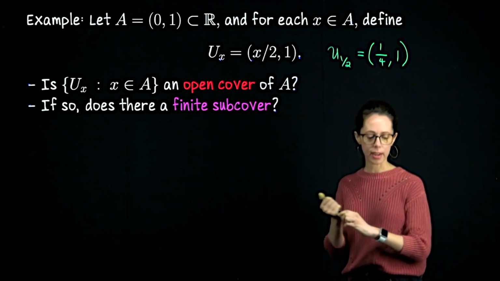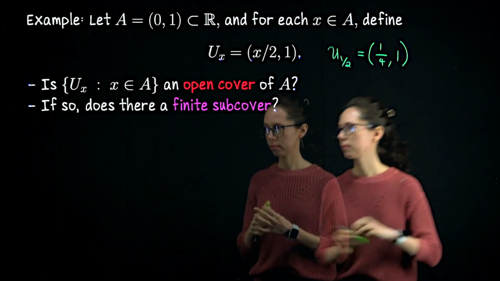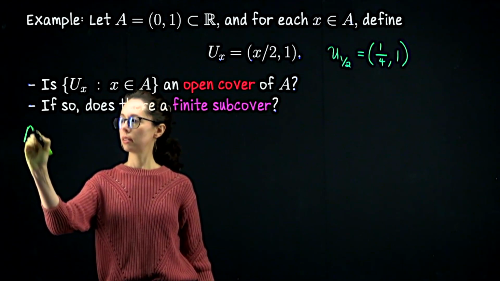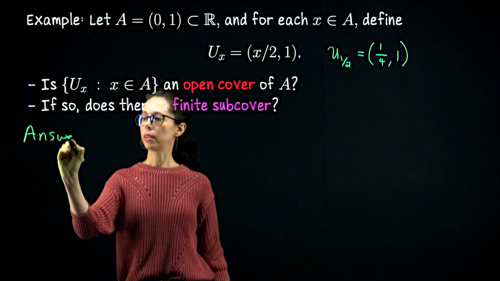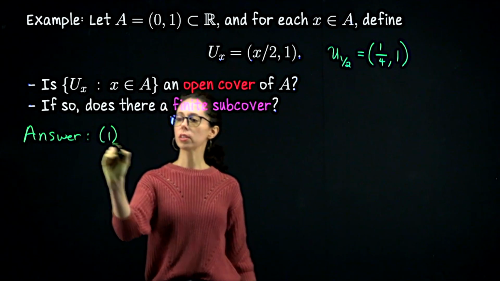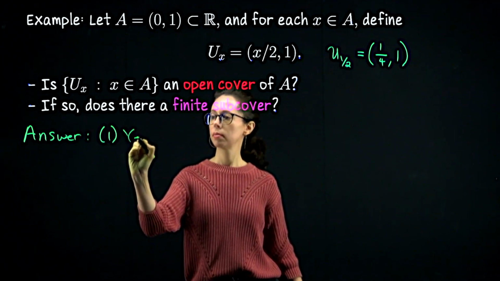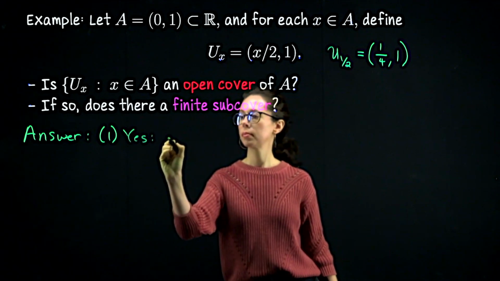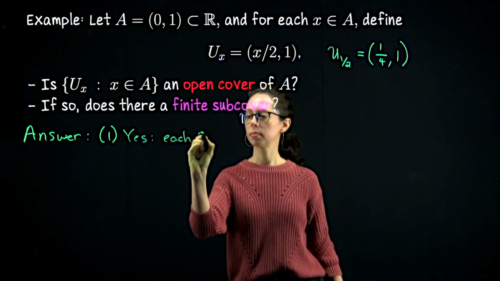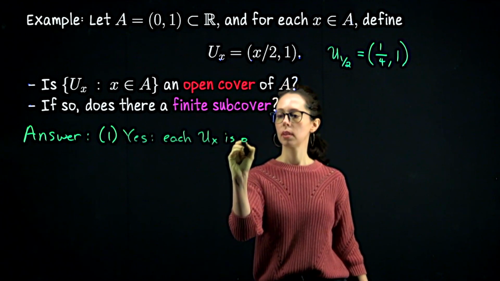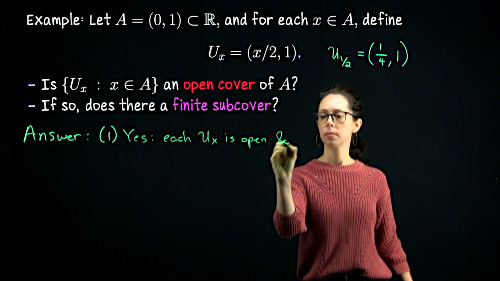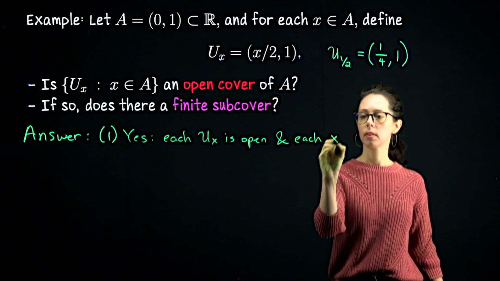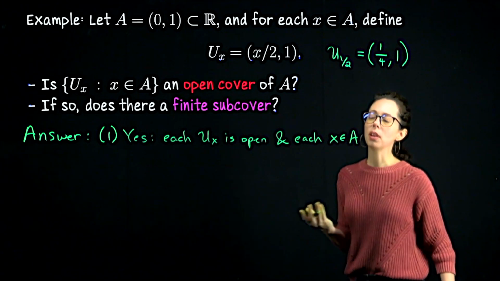Let me write this down. So the answer to the first question is yes, because each u sub x is open, and each x from the set that we're trying to cover belongs to at least one of them.